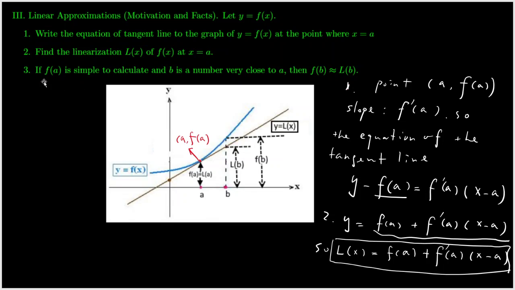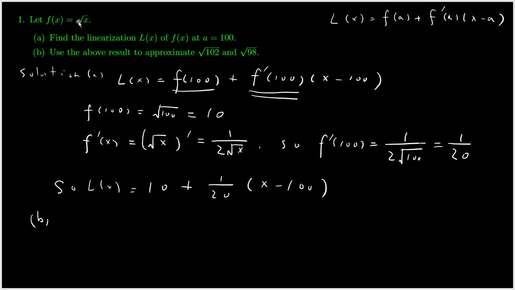Now look at item number 3 in general again. We have seen the meaning: the value of the function at a is simple to compute. In this particular case, the function is square root of x. The value of the function at a value of 100 is 10. It's simple to compute, right?